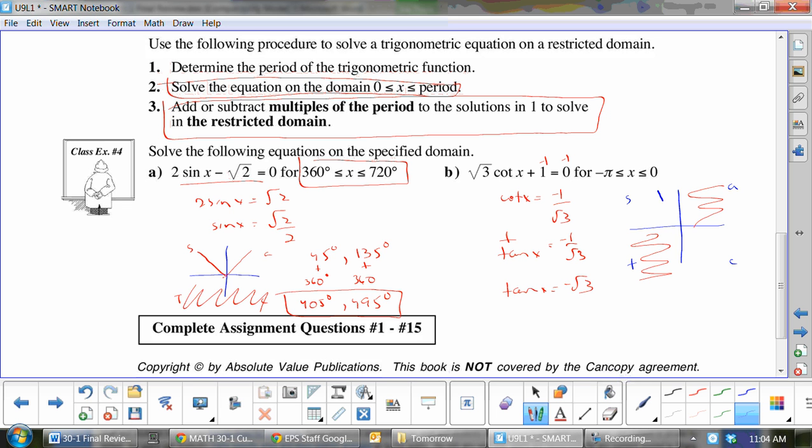So that's bringing me up here at 2 pi over 3. And the other one is bringing me over down here, and that's 10 pi over 6, which is 5 pi over 3.